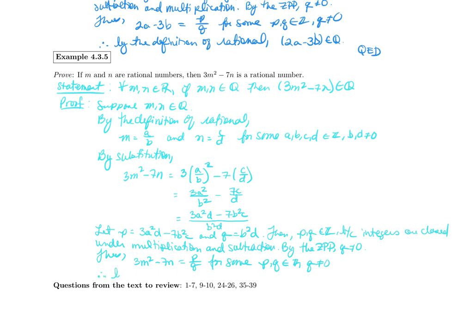So therefore, by the definition of rational, we know then that 3m squared minus 7n is in the set of rational numbers, or it is rational. You can say it that way, and it has been shown.